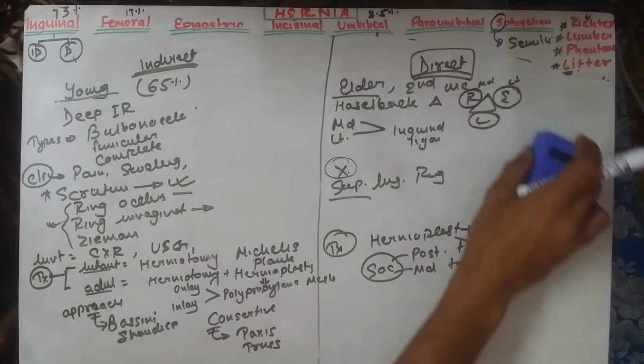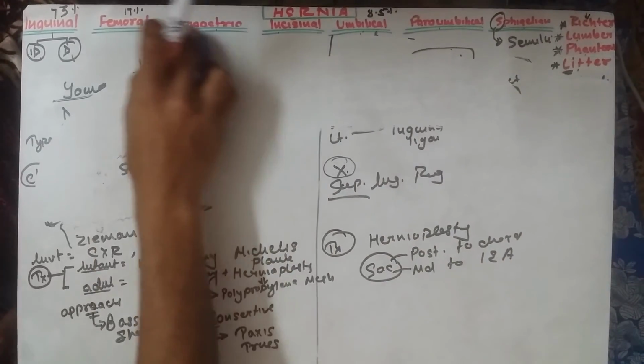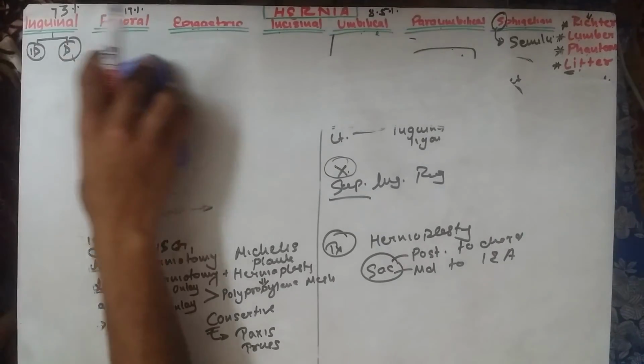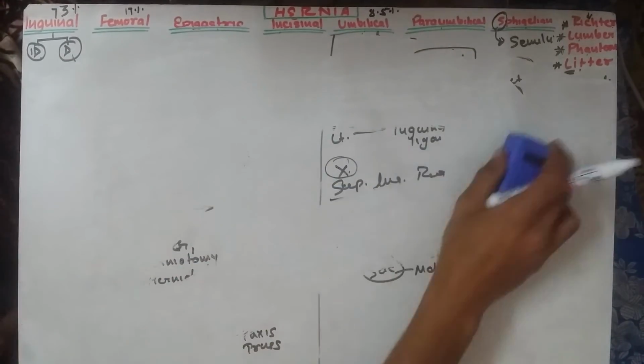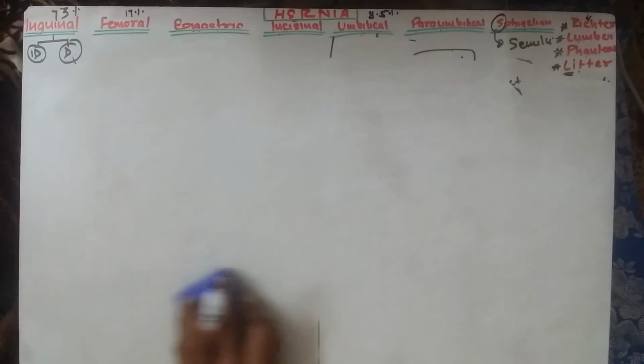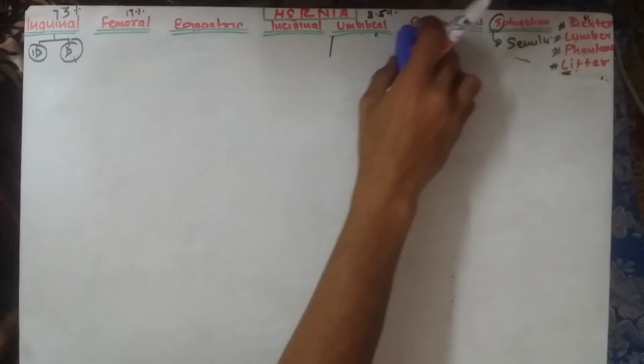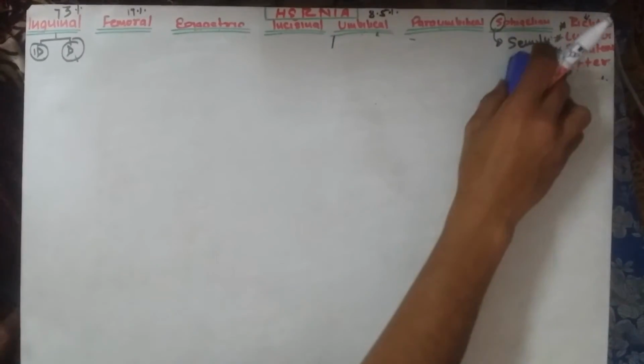Now we will go for the femoral hernia. As I said earlier, the site where we will be looking for the sac of the femoral hernia will be the saphenous opening, which is situated just 4 cm below and lateral to the pubic tubercle.